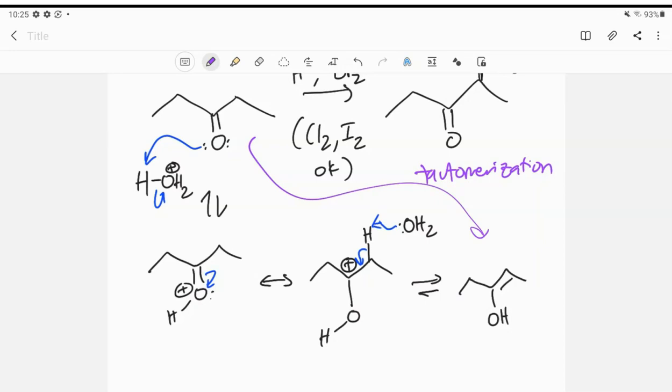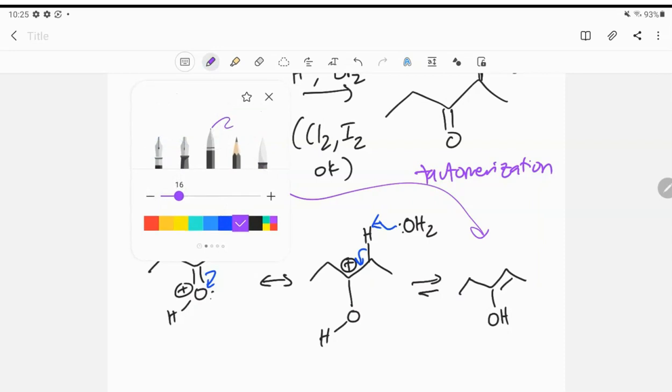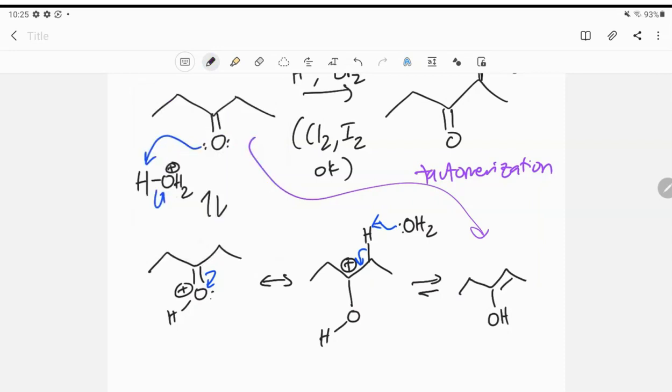Just like with a proton shift, yes, I can say 3 steps: deprotonate, protonate something else. I can do the same thing with tautomerization. It's a way of making it so that we understand exactly what's happening in a very quick manner. So that's the first 3 steps of this: 1, 2, 3. Yeah, 3 steps is tautomerization. That's all that's happening here.